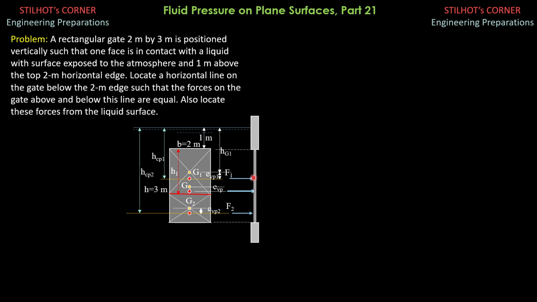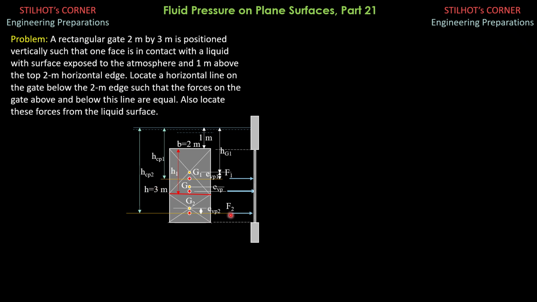So therefore, if we draw this horizontal red line and call it H1 from the top 2-meter edge, there will be two rectangles, one of height HR1, which is equal to H1, the other of height 3 meters minus H1, HR2.